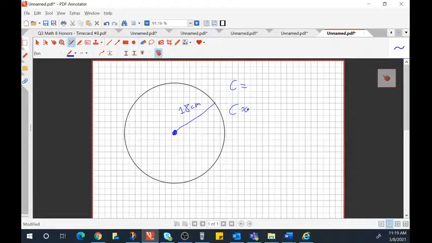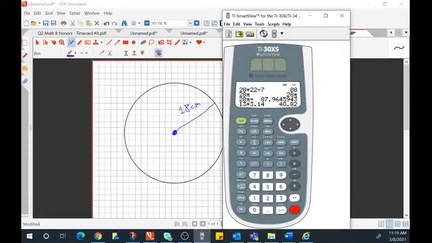Yes, and how do I get the diameter if I know the radius? Yeah, 18 plus 18 or 18 times 2. Either of those is perfectly acceptable. So 18 plus 18, which is the same thing as 18 times 2, which is 36.